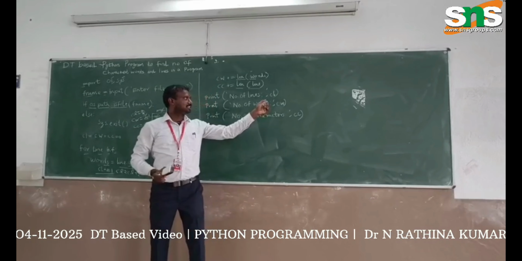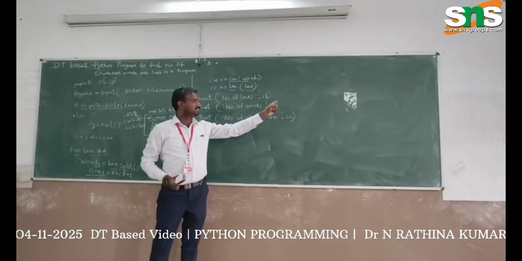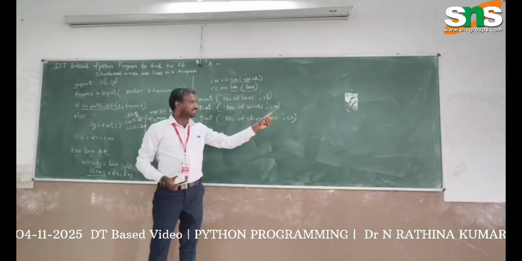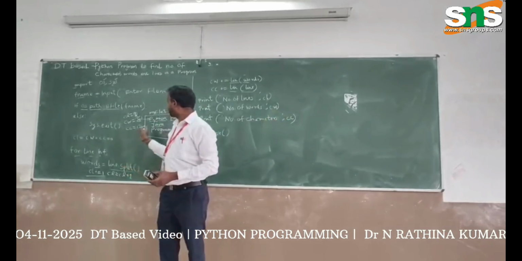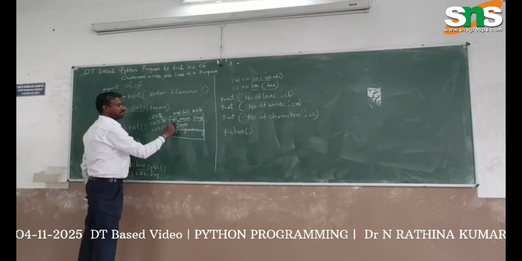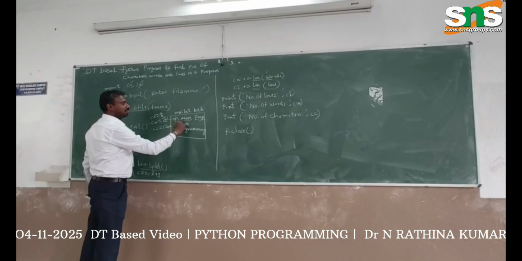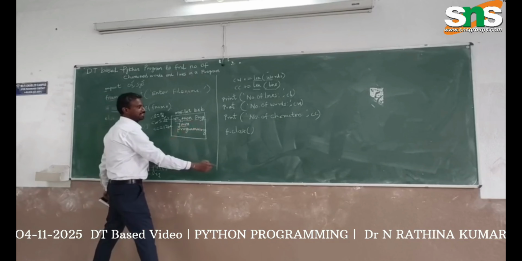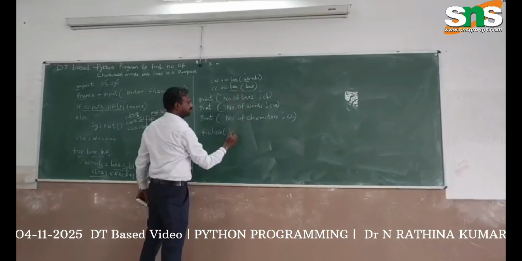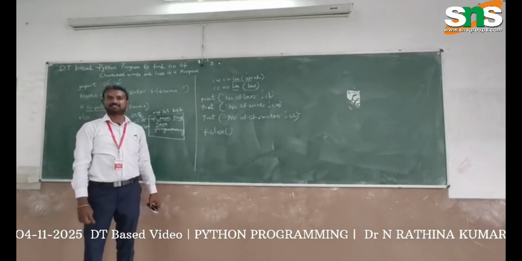So if you execute this, we get CL as 3 and CW as 4. Then finally, how many characters there are. For example, P is 1 character, Y, then THON. We calculate how many characters there are and it is displayed in CC. CC contains the number of characters.